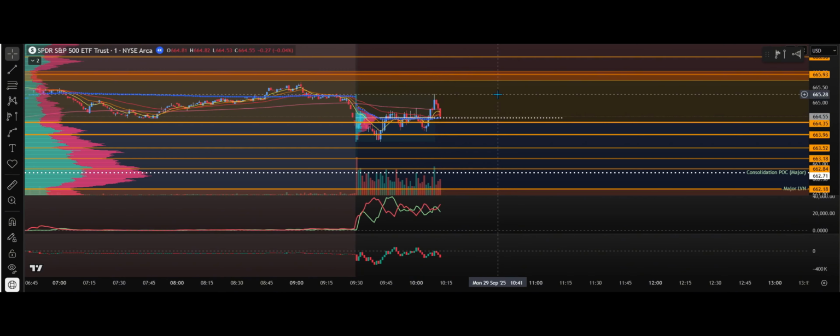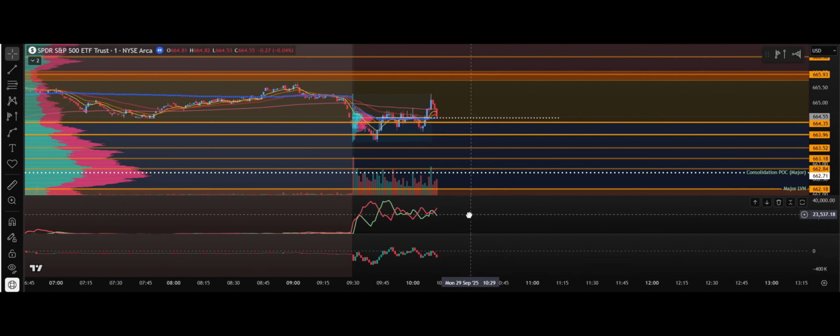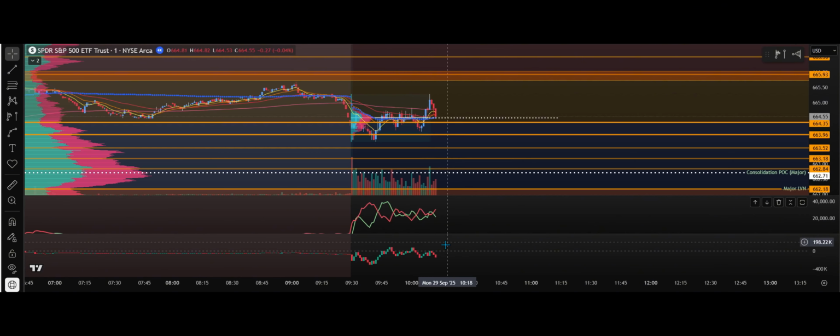So this is potentially an entry, but we need other confirmations as well, right? We want to see the EMA drifting up. We want to see Delta drifting up to show us that buyers are truly coming in to buy this up further. And we do see price bouncing off of it.